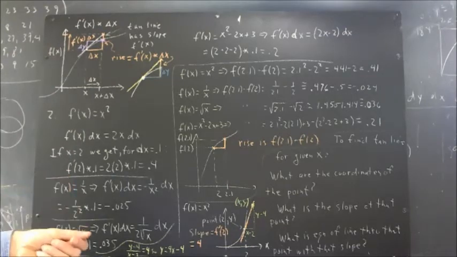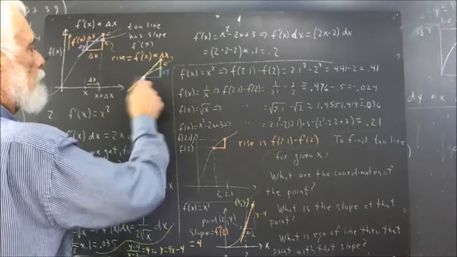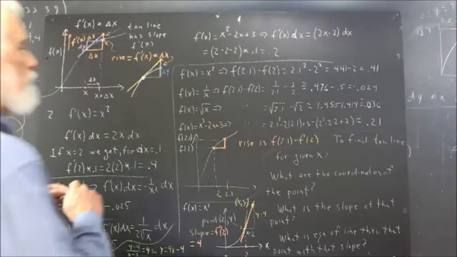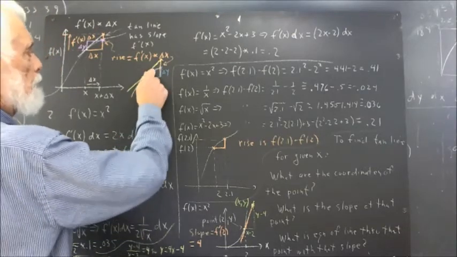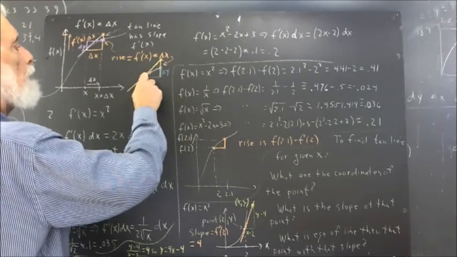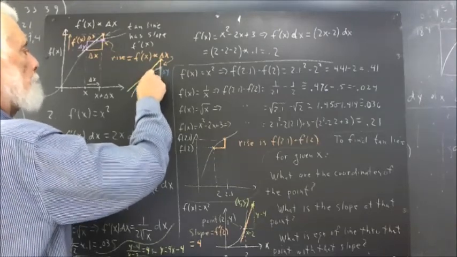Now if I use a smaller delta x, and let me find a color that contrasts a little better here. Okay, now, if I use a smaller delta x, and instead of this blue triangle, I'm going to use red.